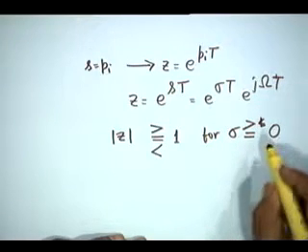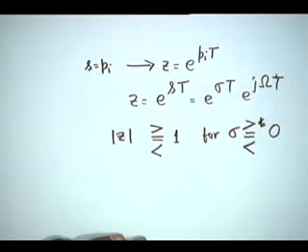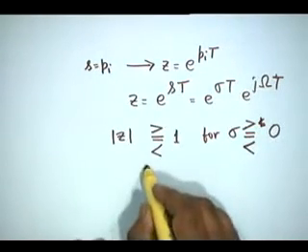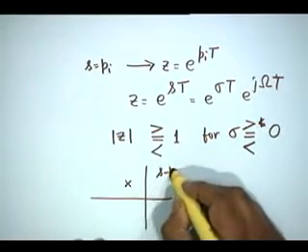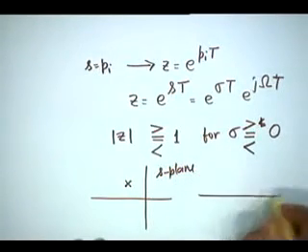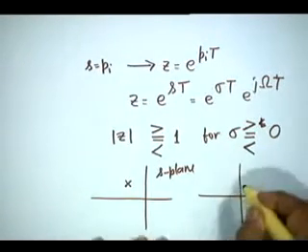It is less than 1 if sigma is less than 0, which means that a pole in the left half plane, left half of the s plane, transforms to a pole inside the unit circle.